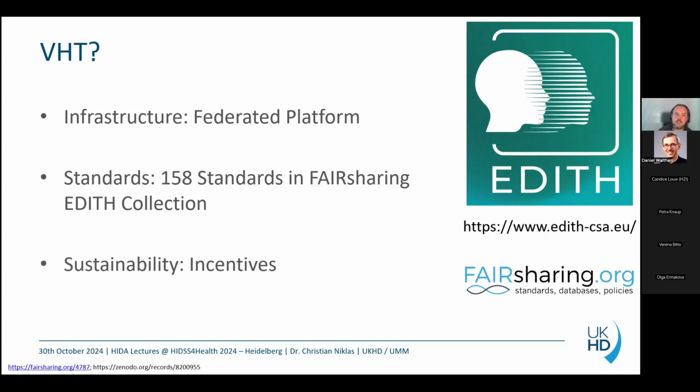So sharing is nice, and I'm all for FAIR sharing and open sharing of data, but some people need to be incentivized, especially if you think about the resource that goes into the semantic concept mapping of clinical data that is non-trivial and cannot be performed by many people apart from medically trained professionals.